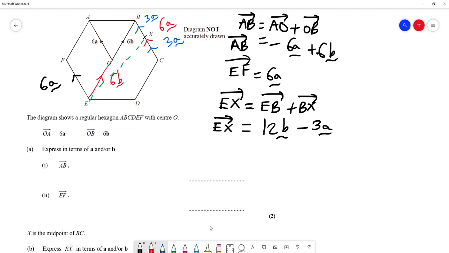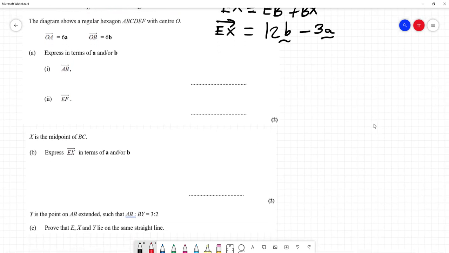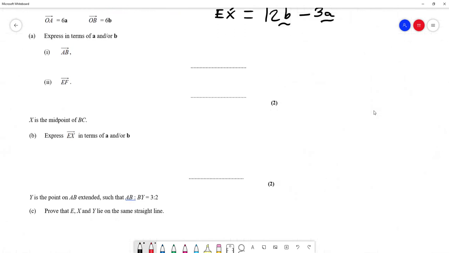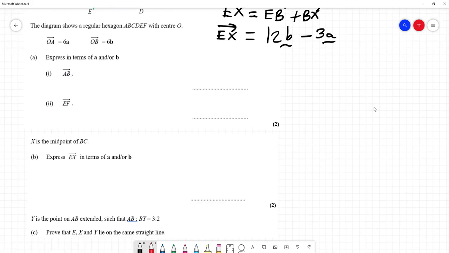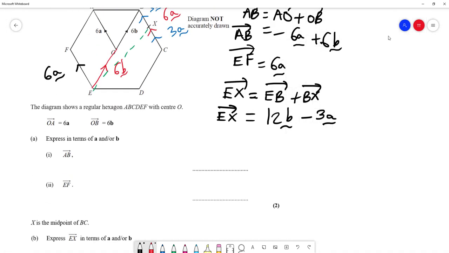Then the question continues and states that Y is the point on AB, which is extended, such that AB to BY is 3 to 2. So let's write that in. AB is 3 shares, BY is 2 shares.